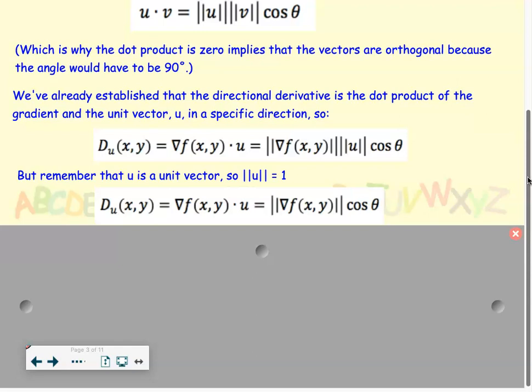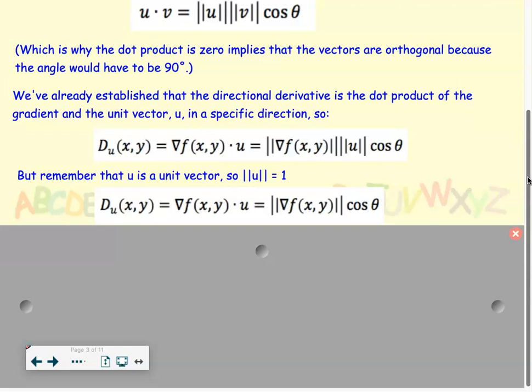What that means is that the maximum possible value of the directional derivative is equal to what? The magnitude of the gradient. Because the highest value that cosine can take on is 1.